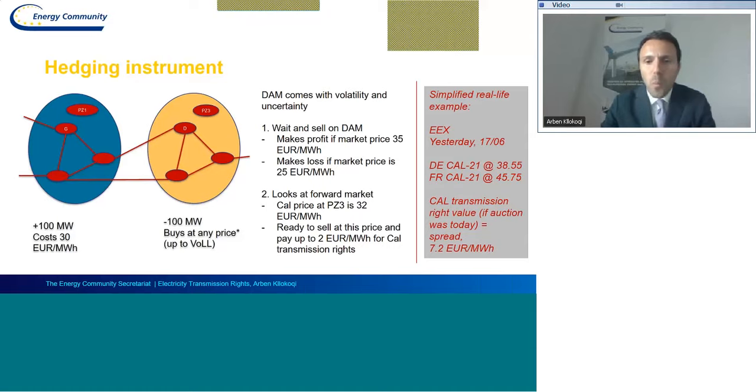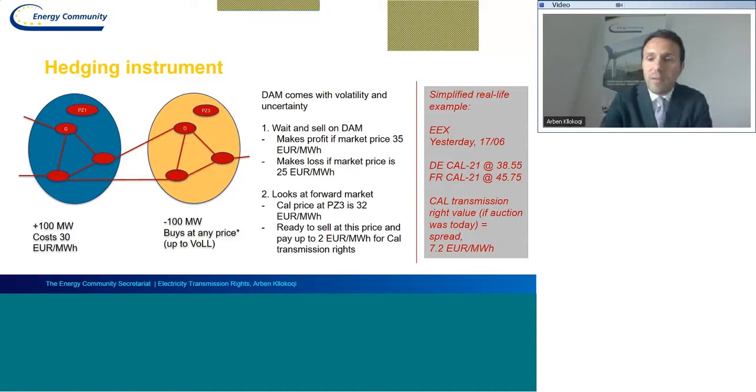But you look at the forward market, and this would be a hedge. If the calendar price for zone 3 is, for example, 32 euros, you want to buy the transmission capacity from zone 1 to zone 3, and you're ready to pay up to 2 euros. In this case, if you buy the capacity, you have hedged your transaction, and therefore you are safe.